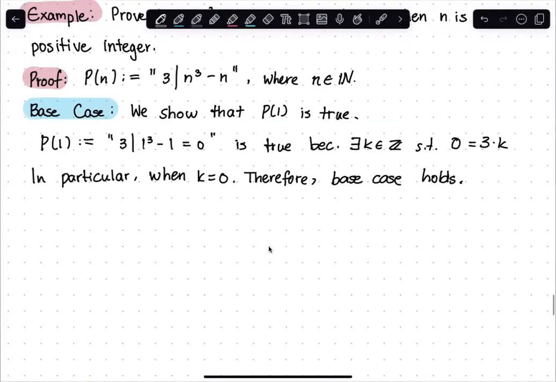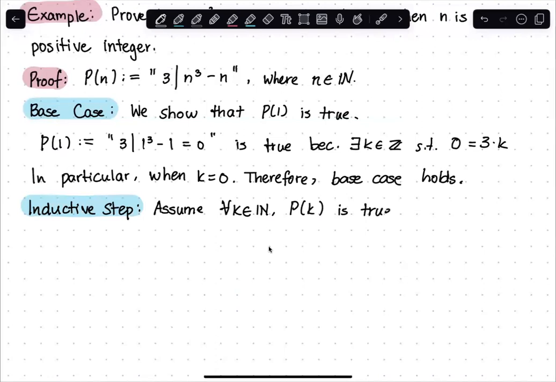Now, let's assume, so let's write down the inductive hypothesis or inductive step. So assume that for all k in N, that P of k is true. So what does that mean?